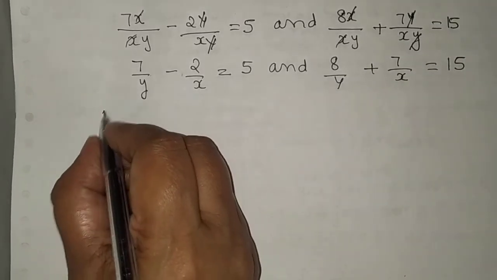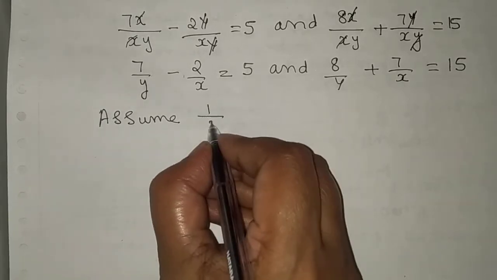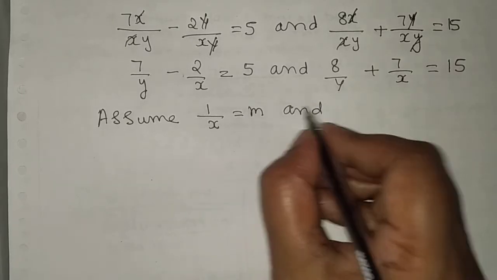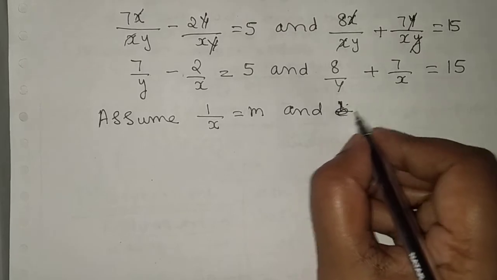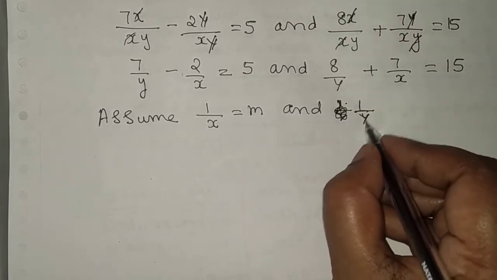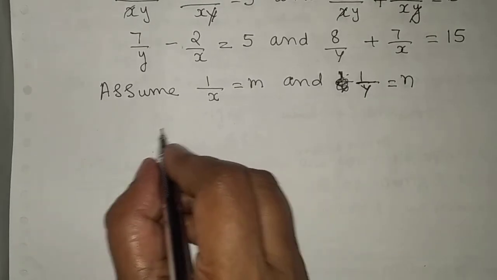Now we have to assume that 1 by x is equal to m and 1 by y is equal to how much? n. Therefore now what happens?